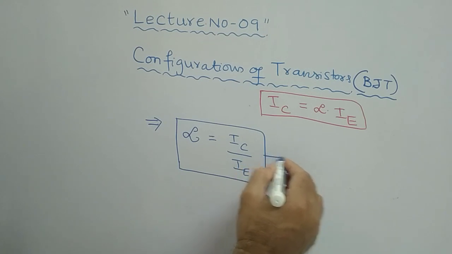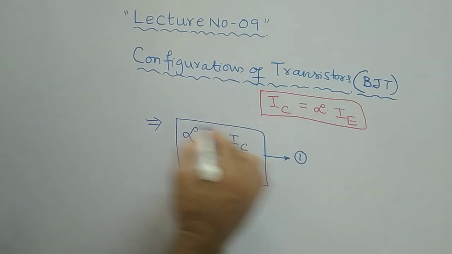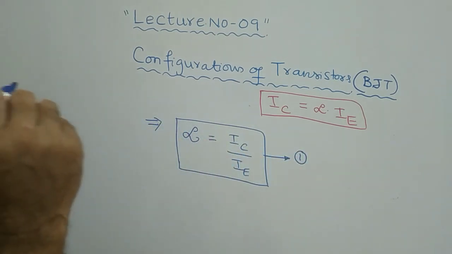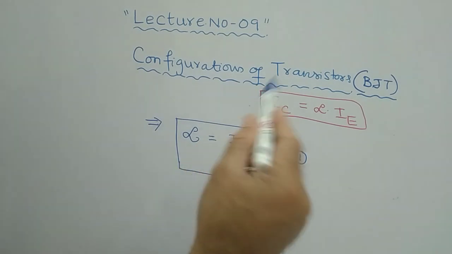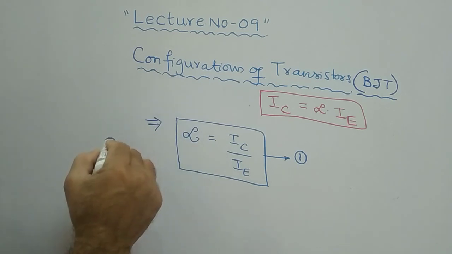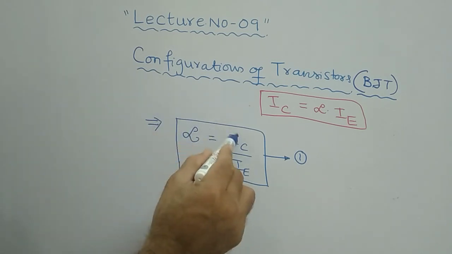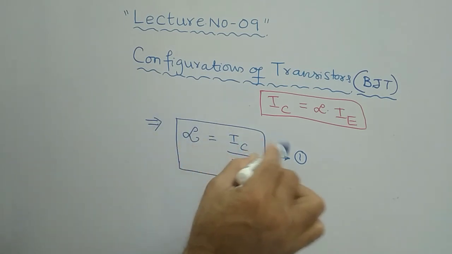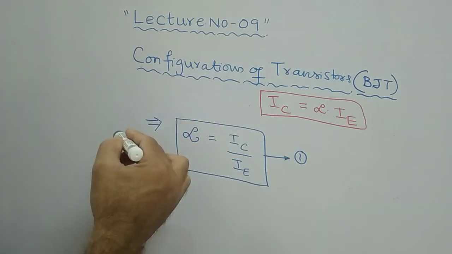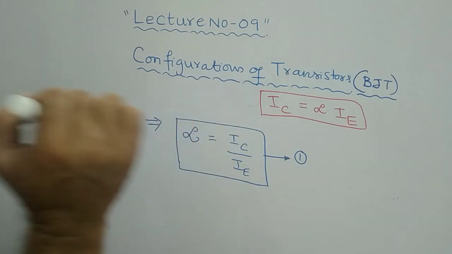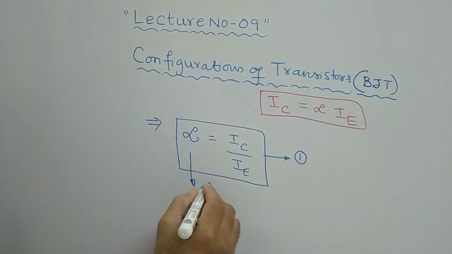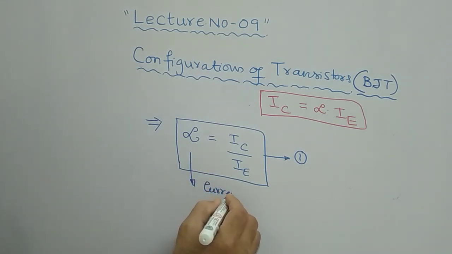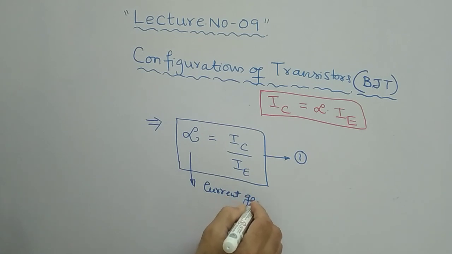Call it equation number 1. What is this? It is the current gain. It is the ratio of currents: IC is the output current, whereas IE is the input current. If you take the ratio of output current IC by input current IE, that ratio is called alpha, and it is called the current gain.